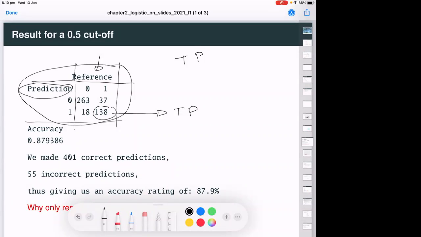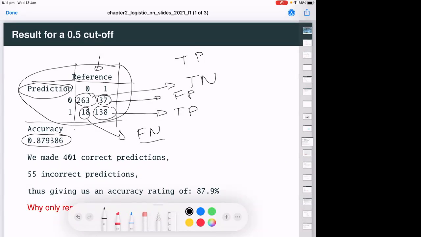This one, yes, true negative, very good. This one, the 37: we said no, and in fact we have to say false positive. Yes. And of course, the last one is the false negative. Perfect. And from this table, I managed to get an accuracy.